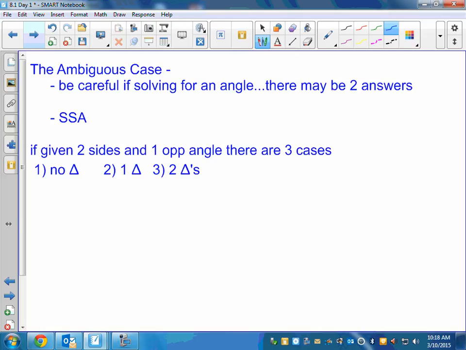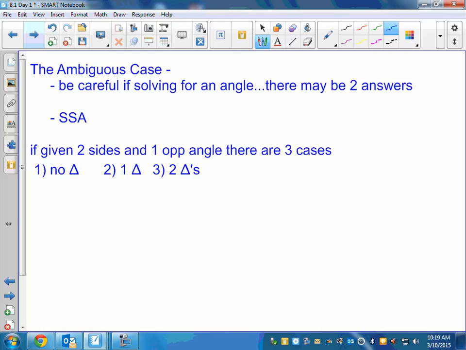First of all, I printed off this page from your book just so you can see the four cases. Your homework's on the other side of this, don't go away. Instead of me trying to draw these up there, they give you those four cases. A is the example of no triangle, where the two sides and the angle across from it just don't make the third side.